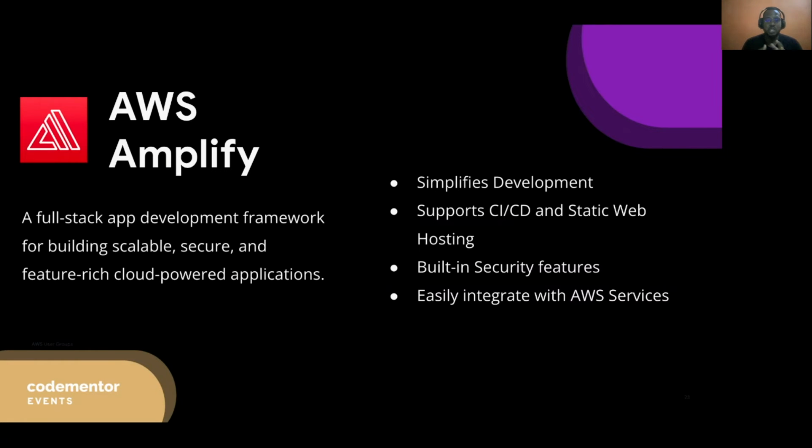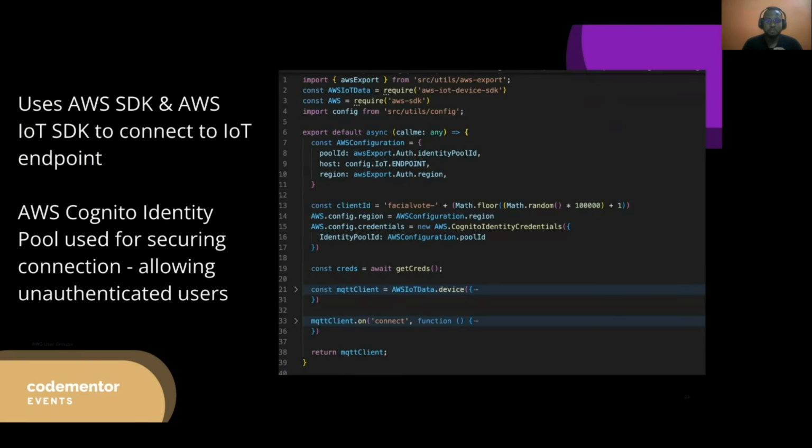It supports CI/CD and also integrates seamlessly with other AWS services. In fact, when I work with anything that has to do with the client side, AWS Amplify is my go-to framework for interacting with AWS services from the client side. Super, super helpful whenever I'm working.